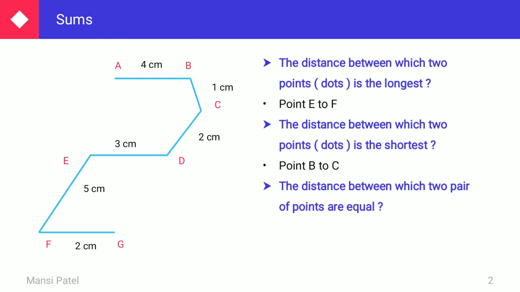Here you can see that point C to D is 2 cm, whereas point F to G is also 2 cm. So your first pair is point C to D and your next pair is point F to G. The measurement of both pairs is the same. Equal means the same.